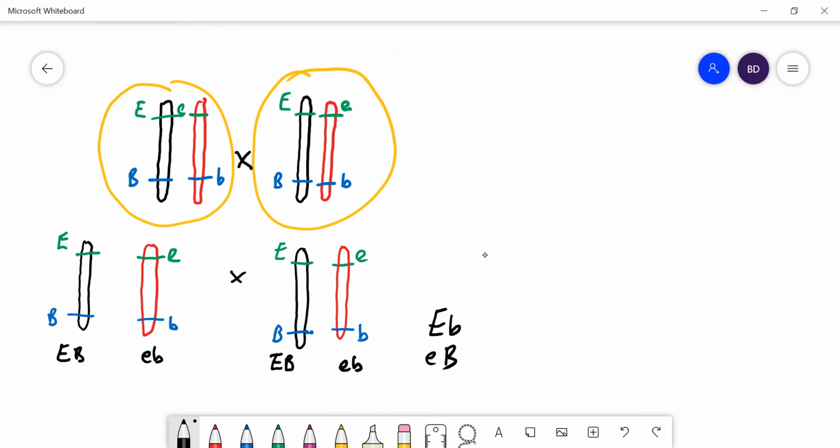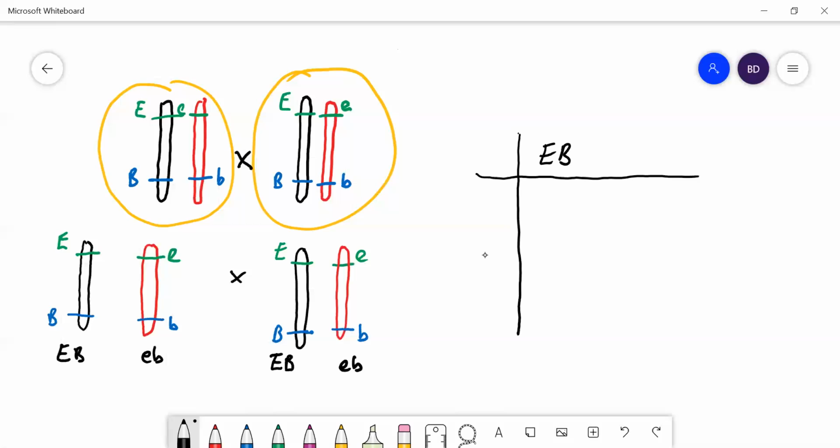It's impossible because the genes are on the same chromosome. So let's do what we would expect for that. I'm going to draw a diagram here. The gametes you can have here are the female gametes, and on the vertical we'll have the male gametes. Let's put in the genotypes of the offspring then. So that one would be like that.